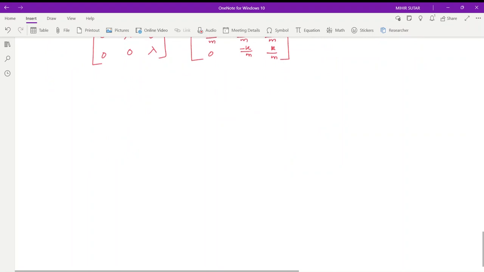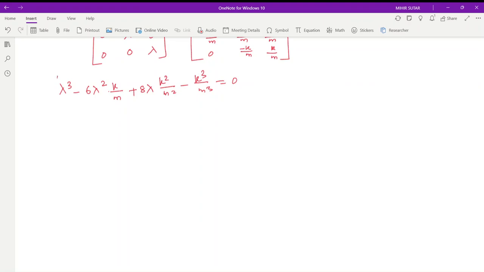So from this we'll have the equation lambda cube minus 6 lambda square into k by m plus 8 lambda k square by m square minus k cube by m cube is equal to 0. Now if you solve this equation, you'll have three values.